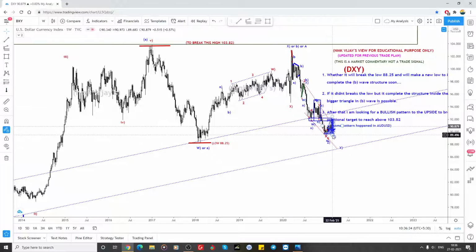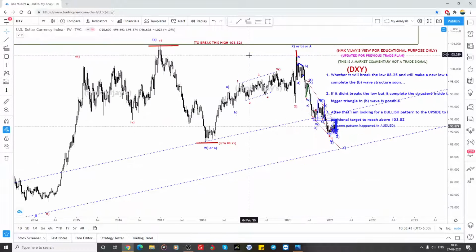If it is a triangle, it won't break above the 103.4, the previous high. It can travel in a 3-wave structure, come back, and shoot again. So that will be B, C, D and E. After the triangle it can shoot.